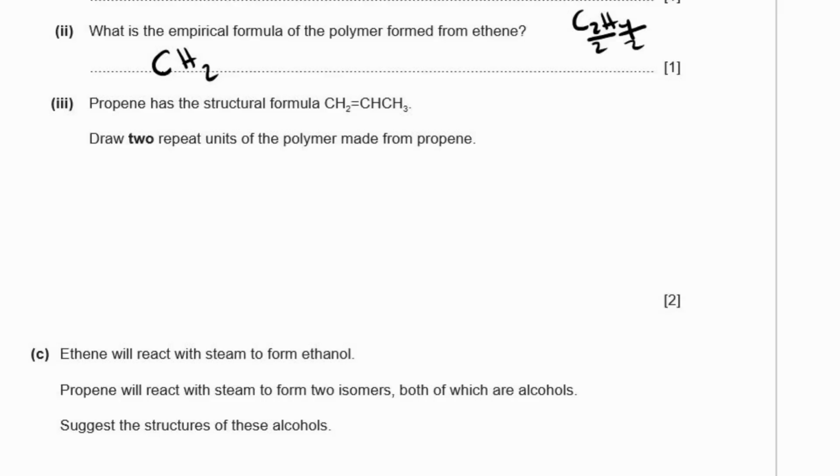3. Propene has the structural formula CH2CHCH3. Draw 2 repeat units of the polymer made from propene. So if it goes over the double bond, that means that 2 repeat units actually only has 4 carbons in a row. Okay, and off of each one of these, we have a CH3. Okay, this doesn't say draw all of the atoms and all of the bonds.